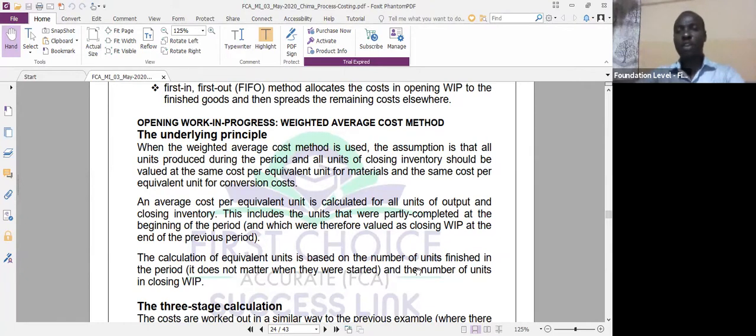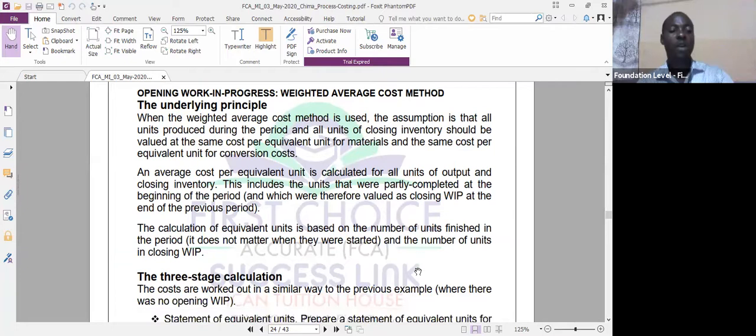Then you now completed it in April. So all you do is you count the number of units that were produced in April. You don't care whether it was started in March but was not completed. But as long as you have completed it in April, then that matters.